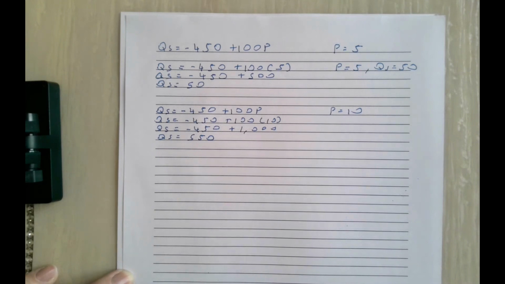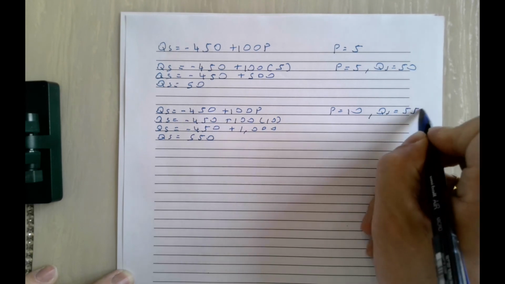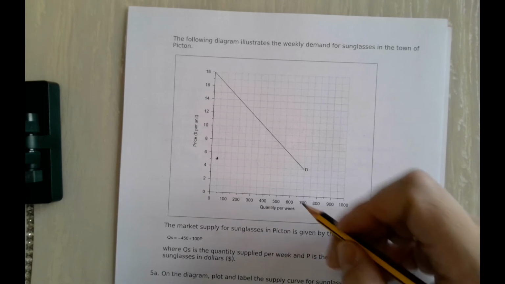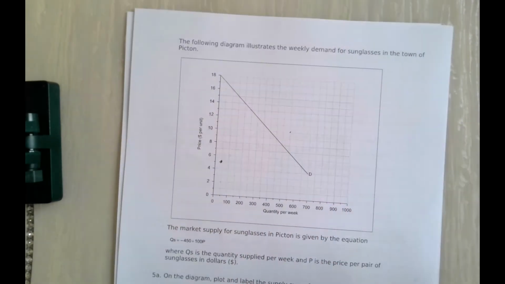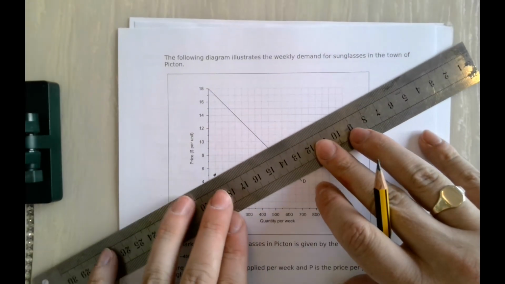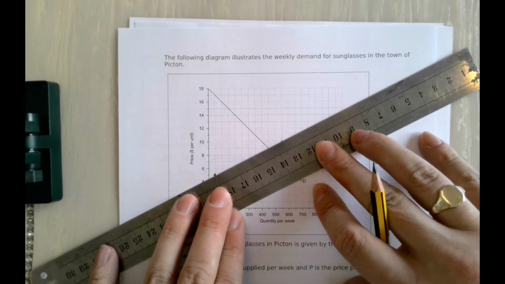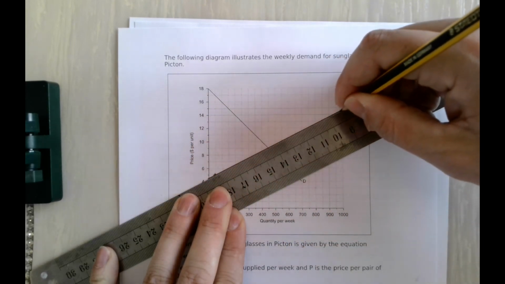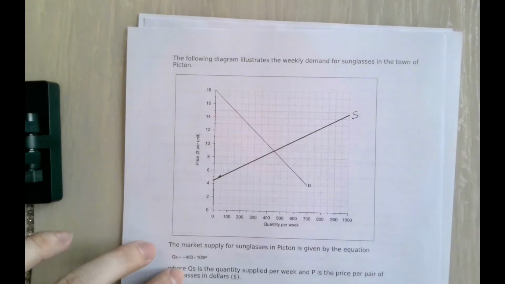No problem there. So I've got P equals 10, QS equals 550, and that's my second dot that I put here, 550 up to this point here. Now I probably shouldn't have made that dot that big because it reduces the accuracy. Something along the lines of that. Okay, excellent stuff. So what we have here now is S, there's the supply curve.